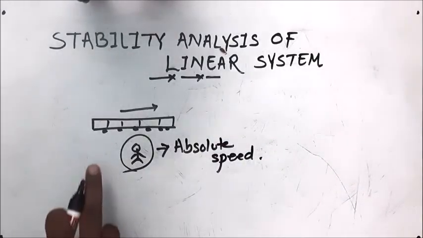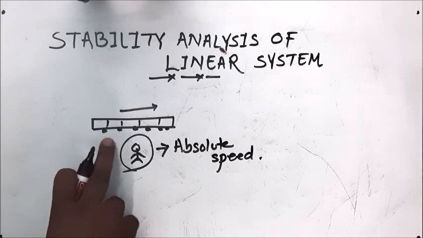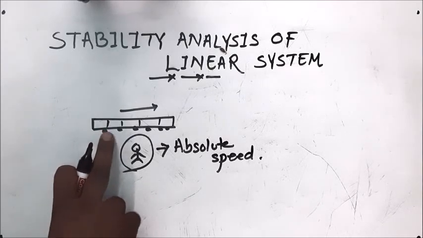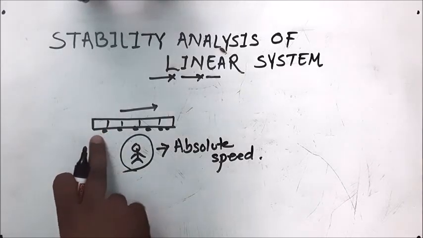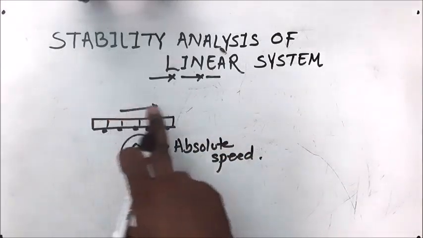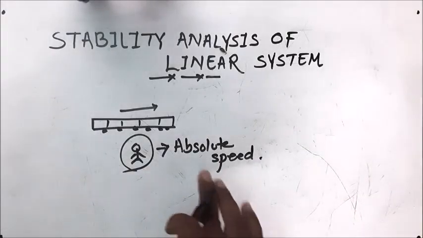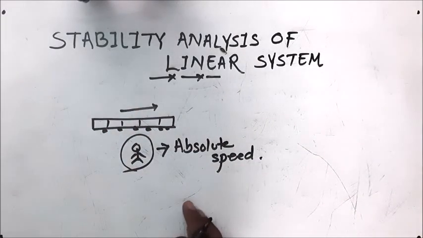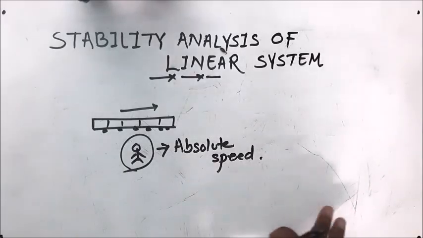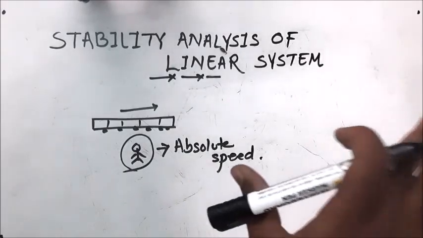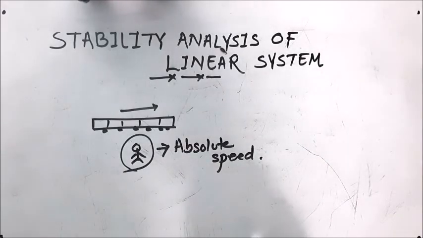Unless the train departs from the platform, the speed is zero. Once the train departs, the speed increases. That means unless we have input, there is no response at the output. That is stability, that is stable.